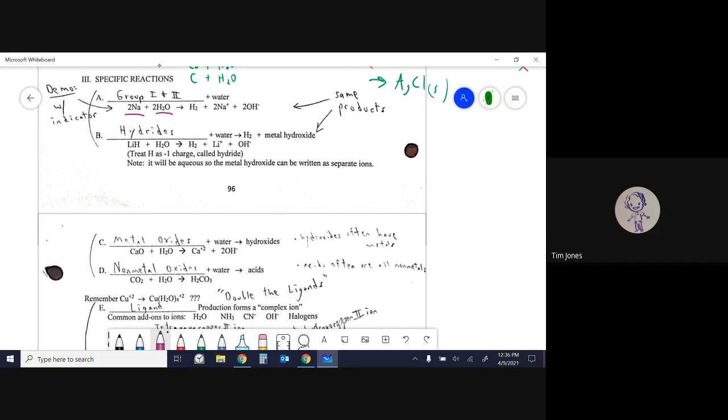The metal doesn't like being an oxidation state of 0, so it gives away electrons to become +1 in this case. Somebody has to take the electrons. The oxygen is already -2 in water, so it's the hydrogen that takes the electrons to become hydrogen gas here. And that's why if you put too much, it blows up, because you're making hydrogen gas and it's also exothermic. So too much, you're going to get an explosion.